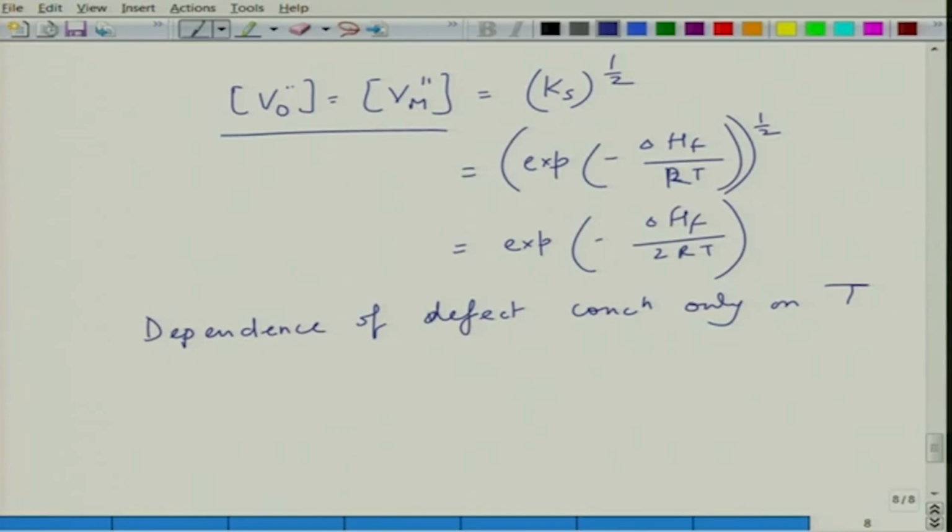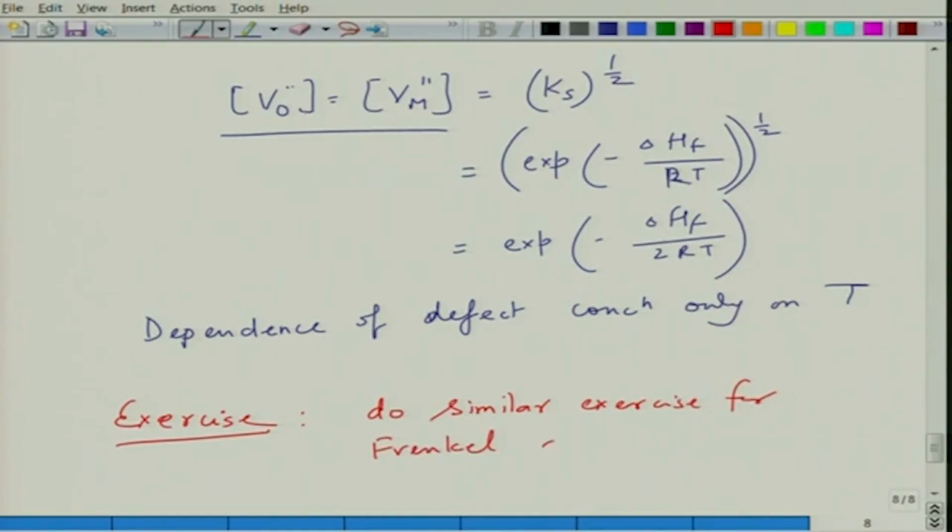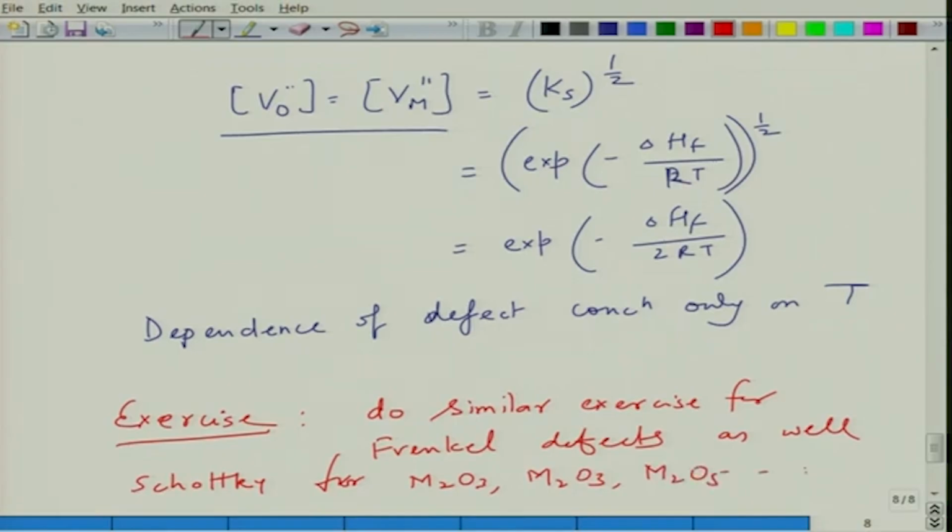So, you can do the same as an exercise: do a similar exercise for Frenkel defects as well as Schottky, for, you can say, M2O3, what will happen for M2O3, what will happen for M2O, what will happen for M2O5, and so on and so forth.